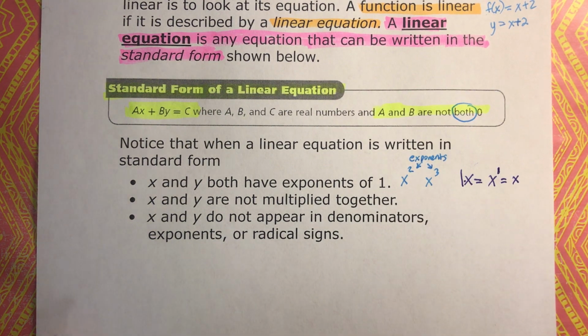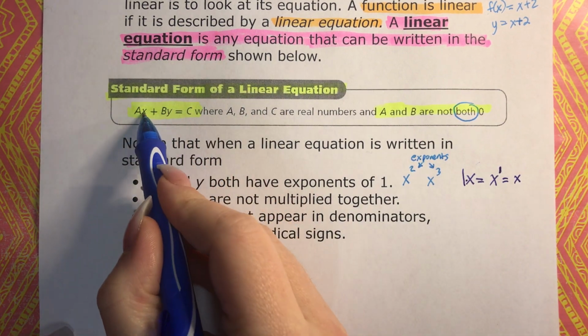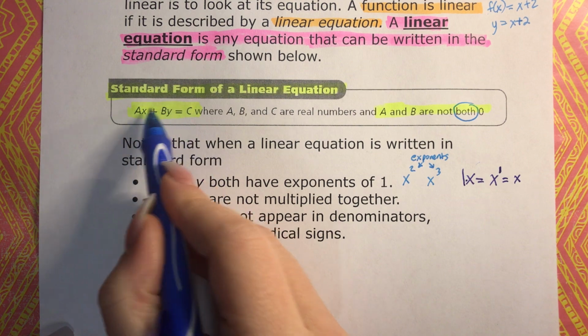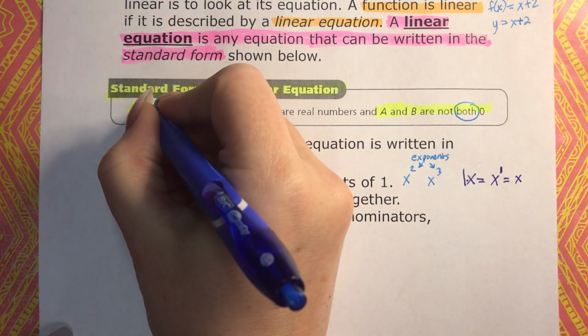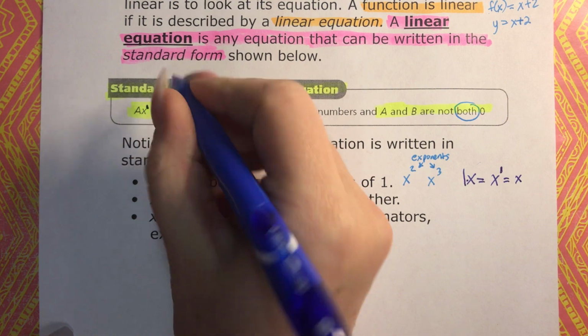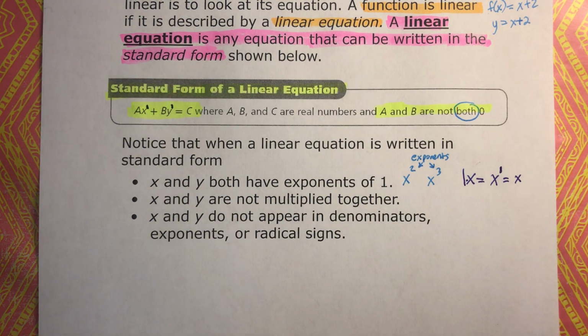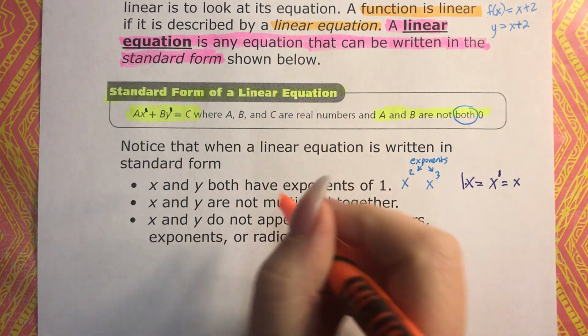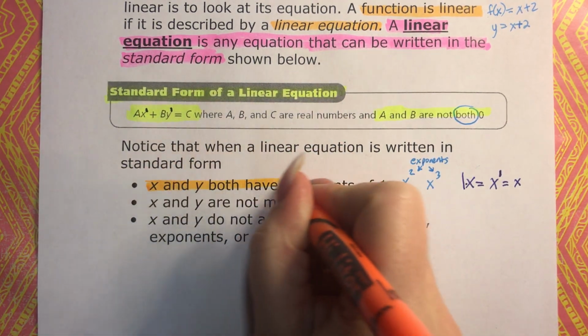So that's what's going on here, with this x and this y, there's nothing there, but there really is this hidden 1. So right now, they both have an exponent of 1. So that is what it's saying. It says x and y both have exponents of 1.